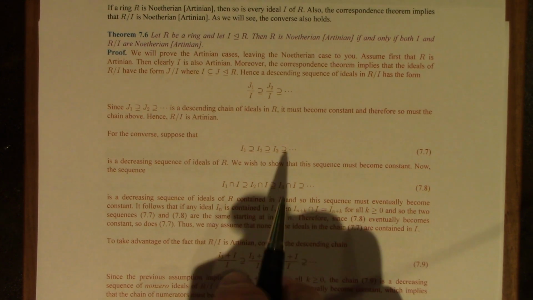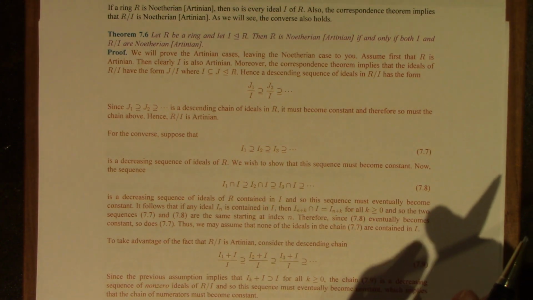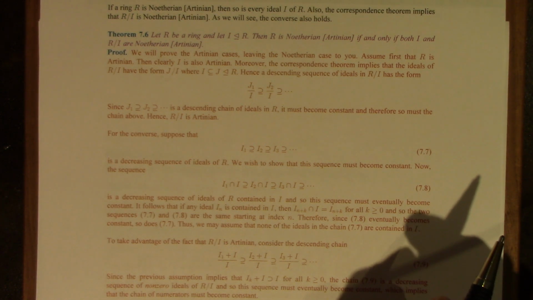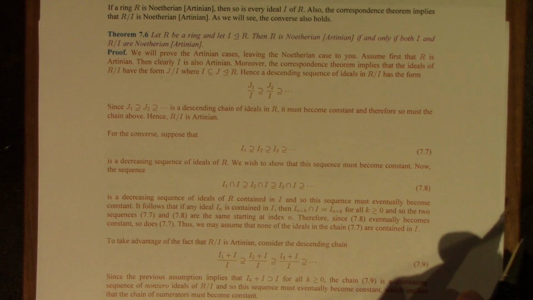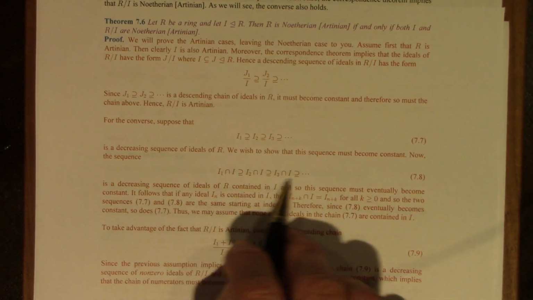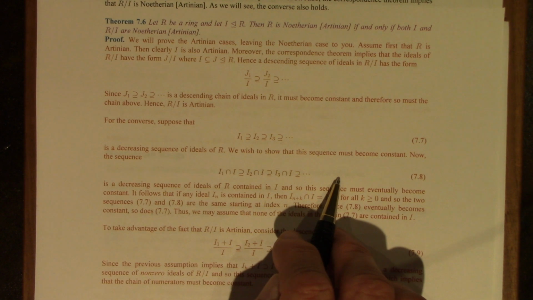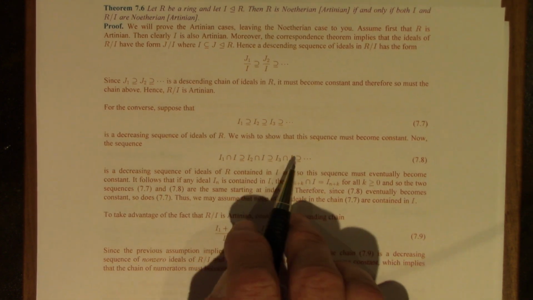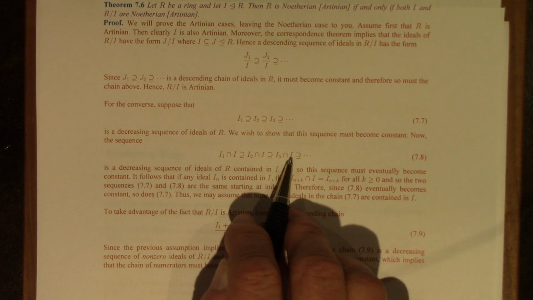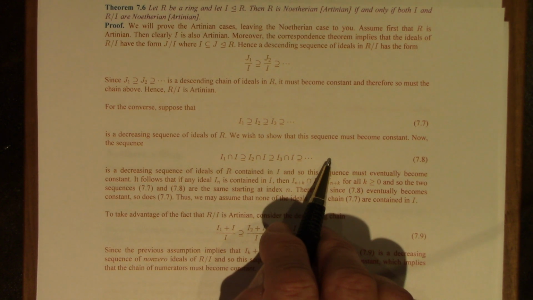For the converse, if we have a descending sequence of ideals, and we want to show that this must become constant at some point, we get to assume that I and R mod I have the DCC. So this sequence, we intersect this sequence with I, we get a descending sequence of ideals contained in I. And so this sequence must eventually become constant.